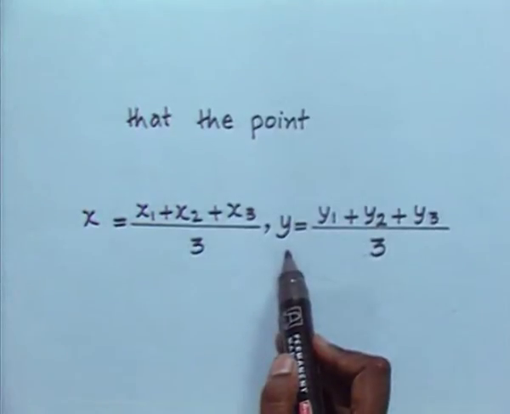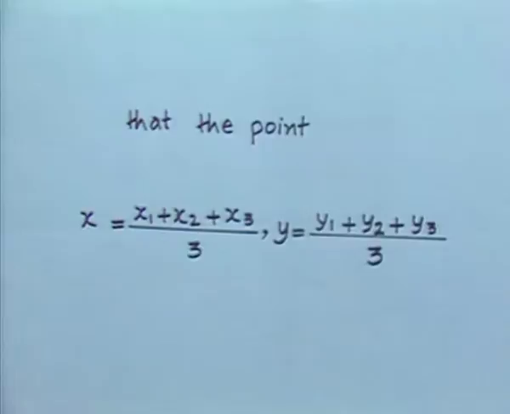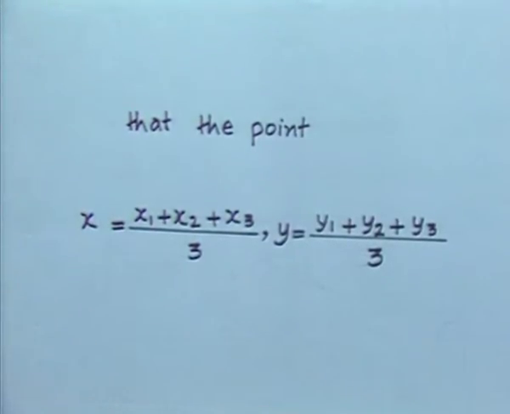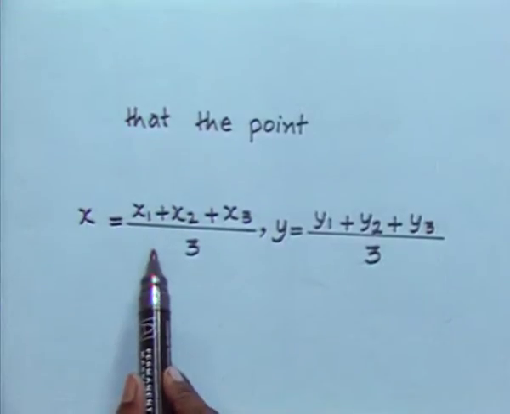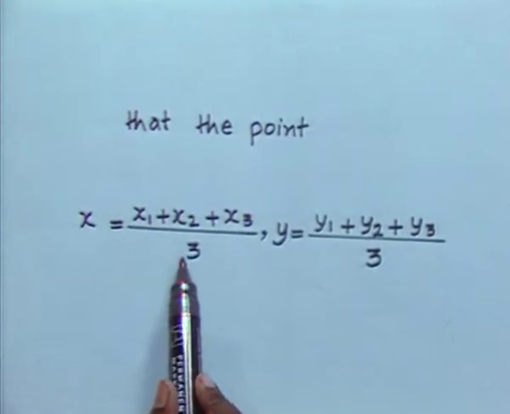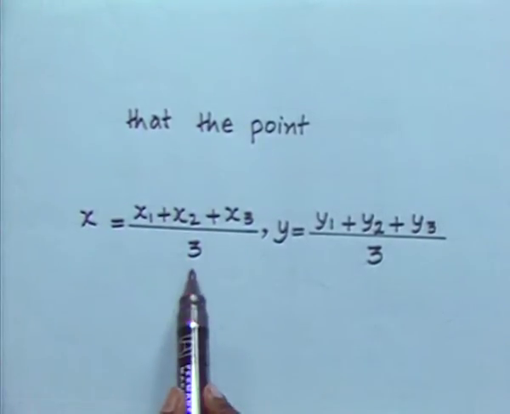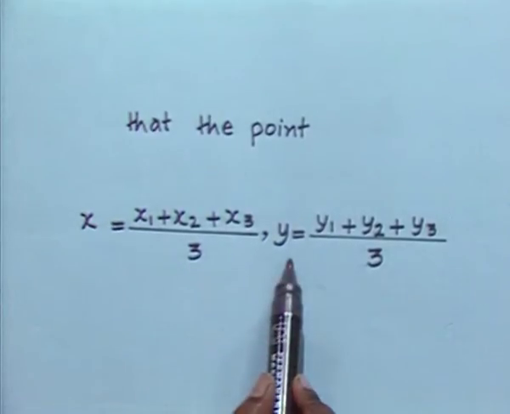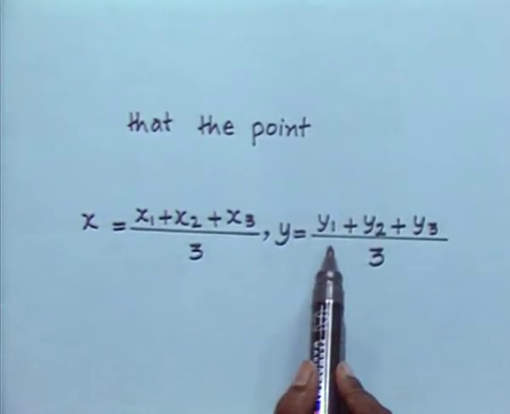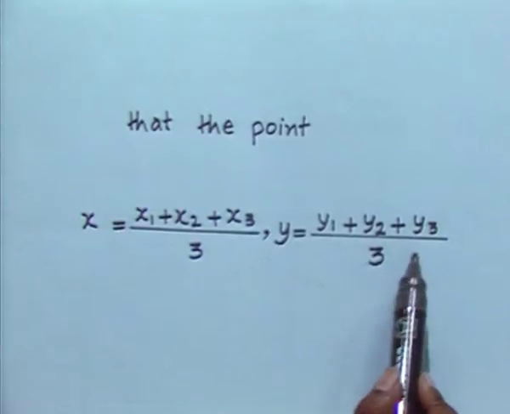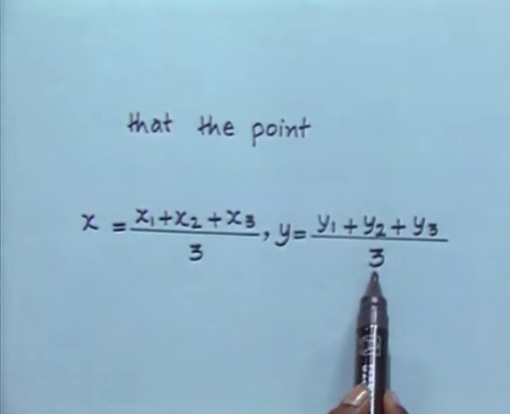I have got it. The centroid of the triangle with vertices (x1, y1), (x2, y2) and (x3, y3) will be x equal to (x1 + x2 + x3)/3, and y equal to (y1 + y2 + y3)/3.